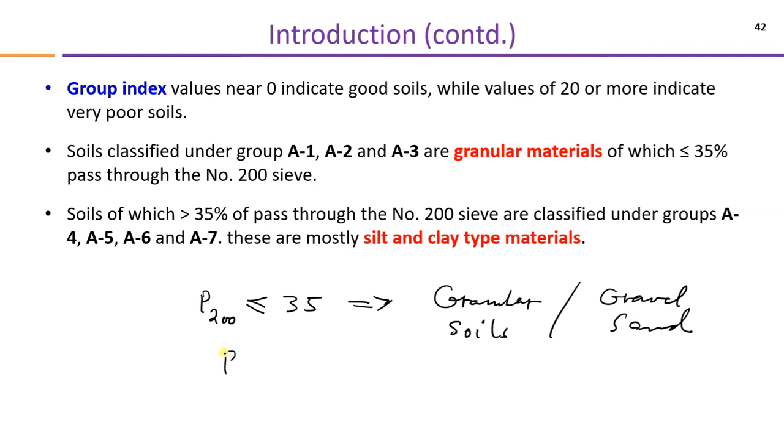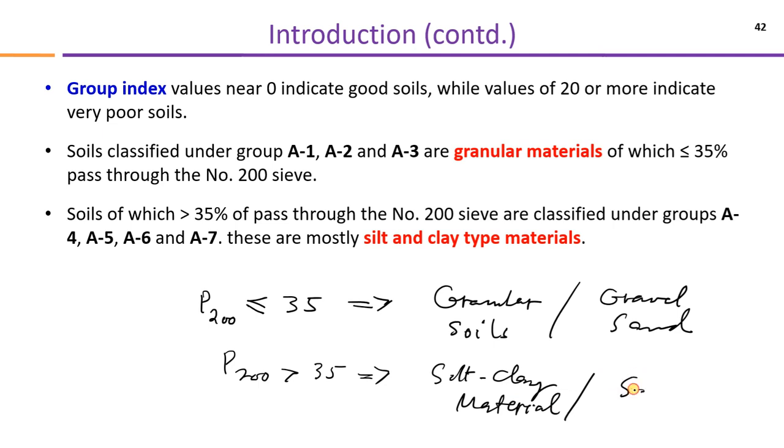If passing number 200 is more than 35%, then it is silt and clay material. Silt is M and clay is C, while gravel is G and sand is S.